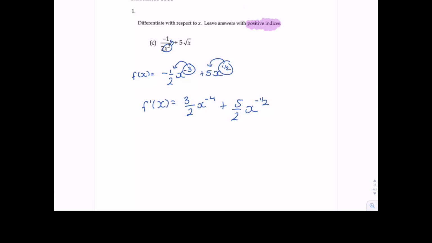Now to write this in positive indice form, we have to bring that to the bottom, and we also have to bring that to the bottom. So we have f dash of x equals 3 on 2x to the power 4 on the denominator, plus 5 on 2x to the half. And you could also write that as square root of x.